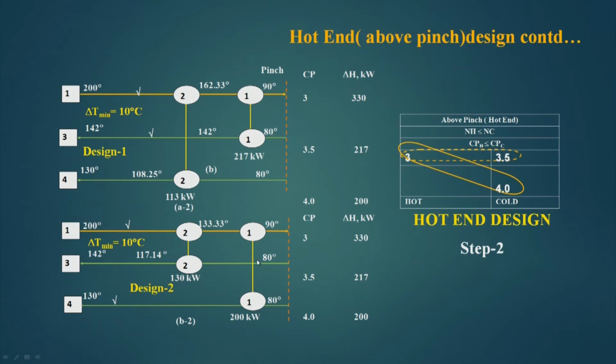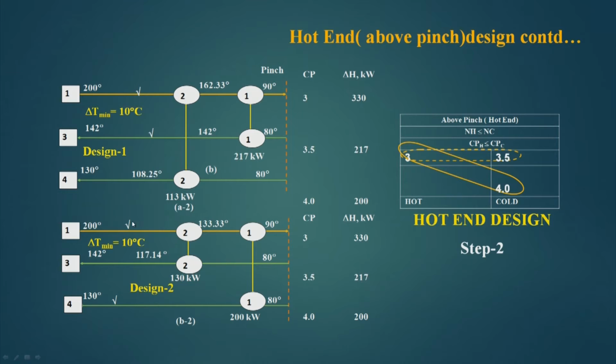We have already put a match of 200. So, 130 kilowatts is left. So, we have transferred the 130 kilowatt from the stream number 1 to stream number 3 using a heat exchanger 2. Once this much amount of heat is transferred, then this stream is ticked off.